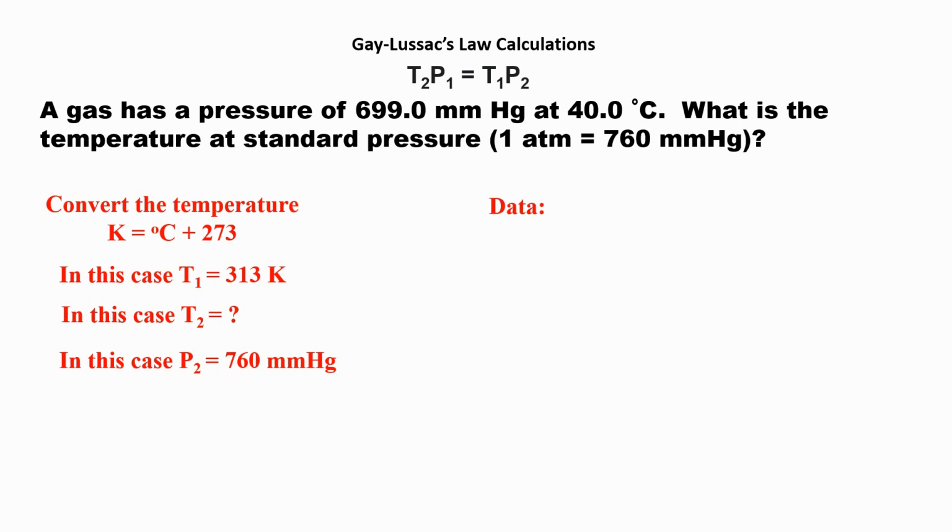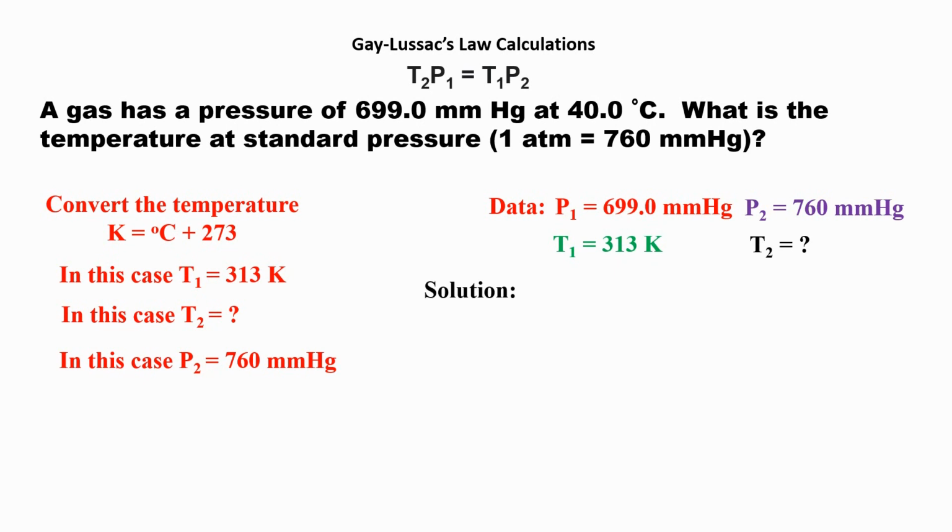The data is arranged as follows. P1 is equal to 699.0 millimeters of mercury. T1 is equal to 313 K. P2 is equal to 760 millimeters of mercury, and T2 is unknown. To solve for T2, we arrange the data as follows.